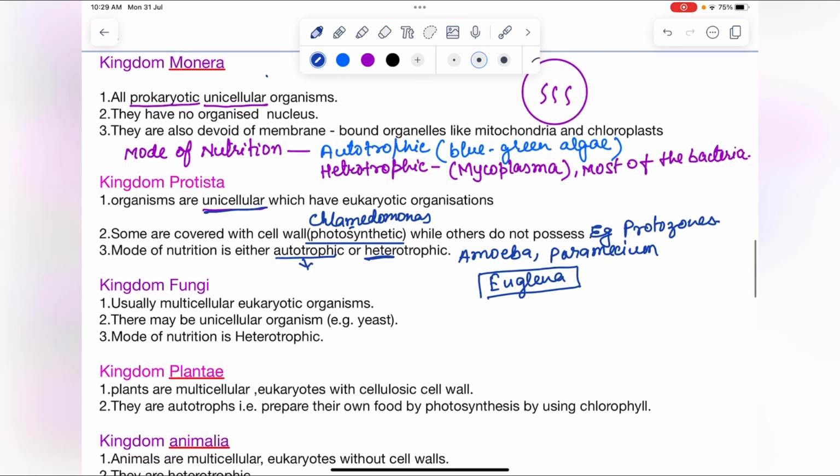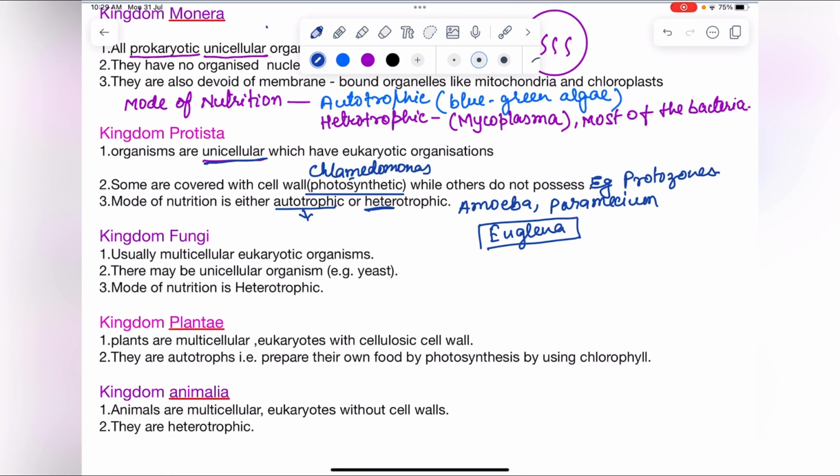Next is kingdom fungi. This is the third kingdom, in which usually multicellular eukaryotic organisms are present, but unicellular organisms are also present. An example is yeast. Kingdom fungi lack chlorophyll; chlorophyll will be absent. They may be unicellular or multicellular.